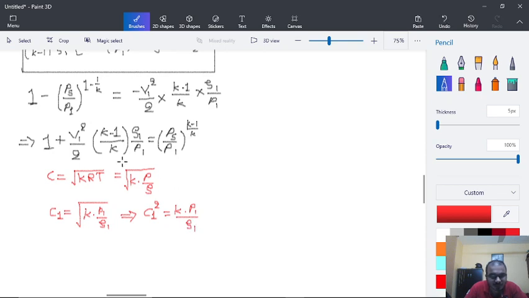So we are currently focusing on this part. If you see carefully, we have K into P1 divided by rho 1, so instead of this we will simply put C1 square. So let's put it.